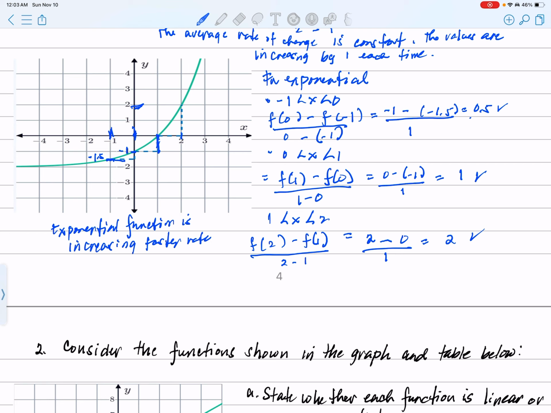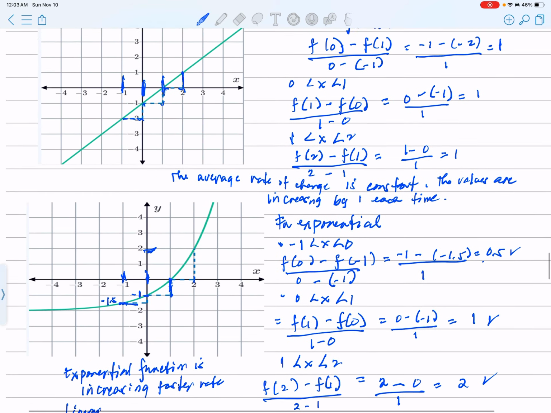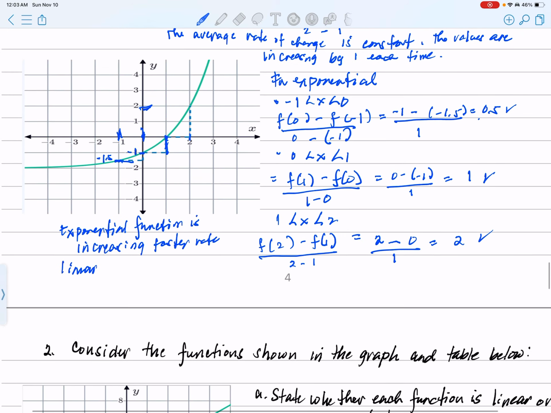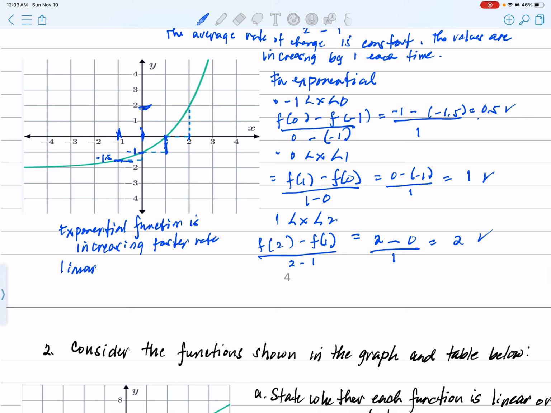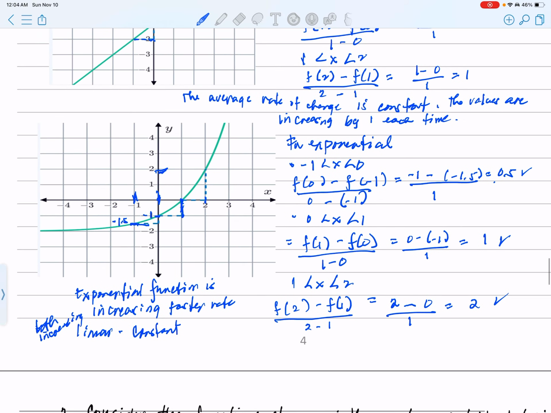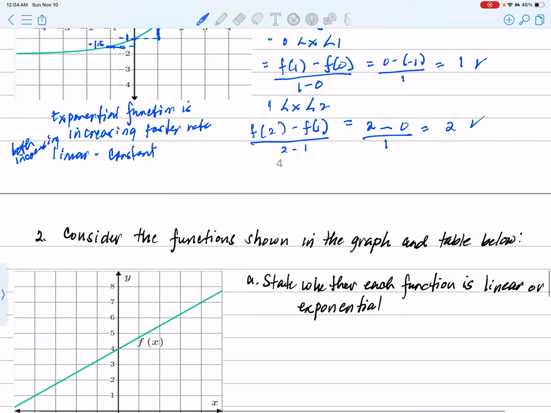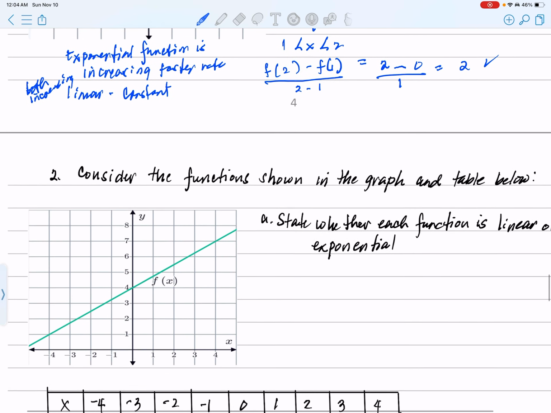Linear is also increasing, but linear has a constant rate of change. So both are increasing, but the linear has a constant. All right, that is what we have observed, and the rate of change is our basis for doing that.